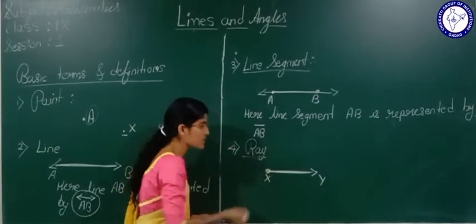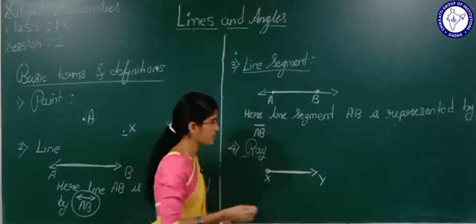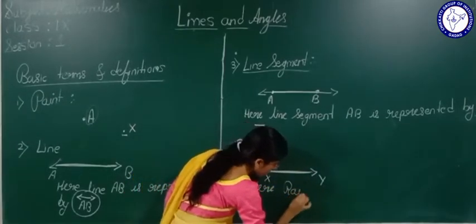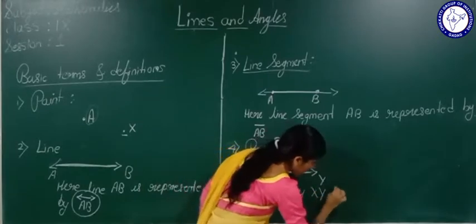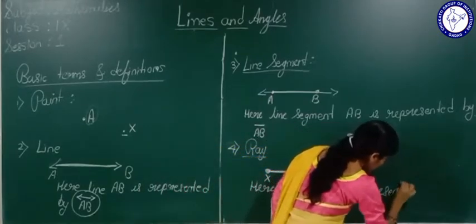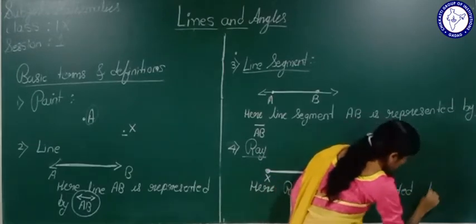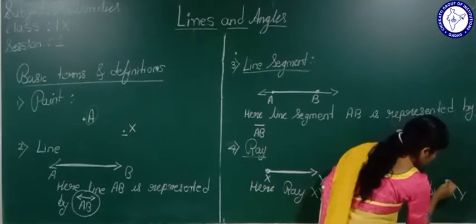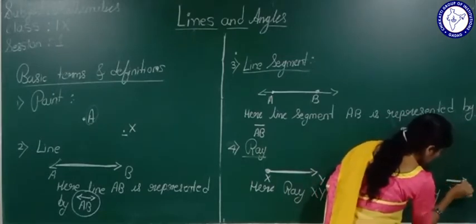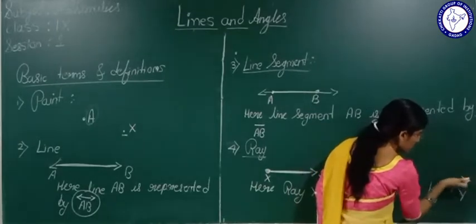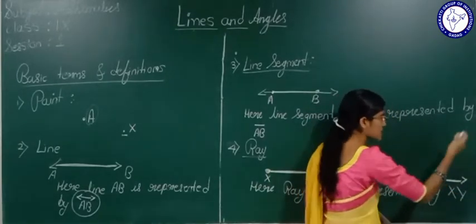See how we represent a ray symbolically. Ray XY is represented by XY with only one arrow, because it will go on extending.